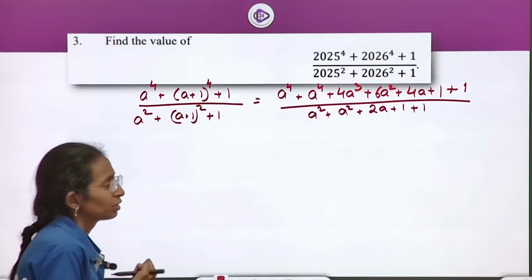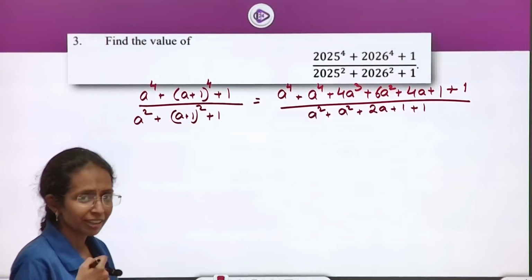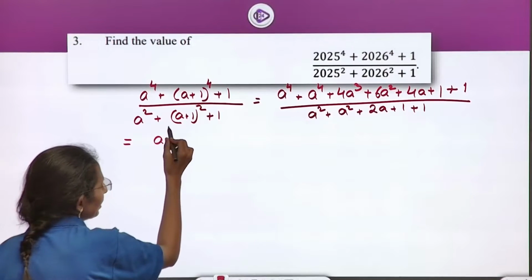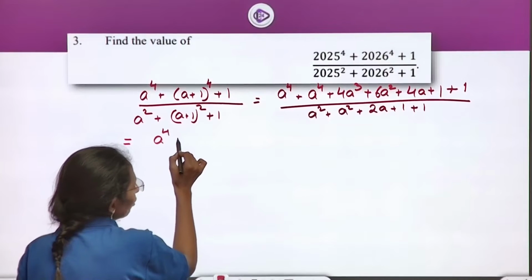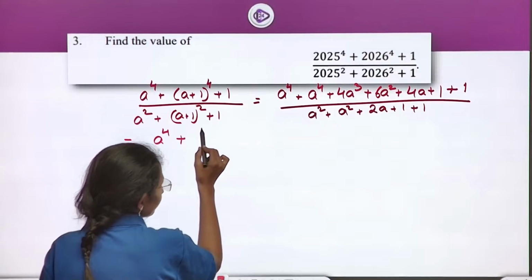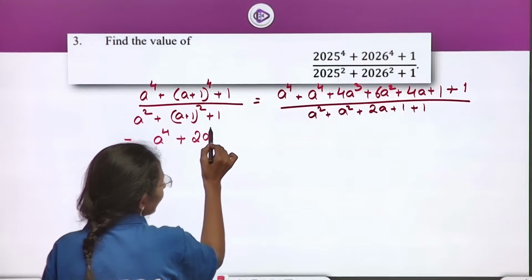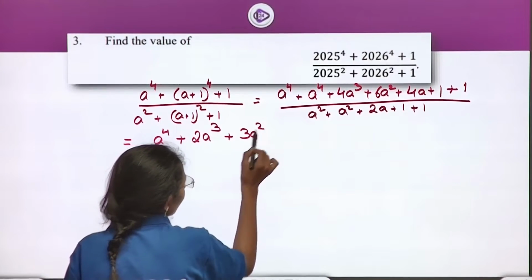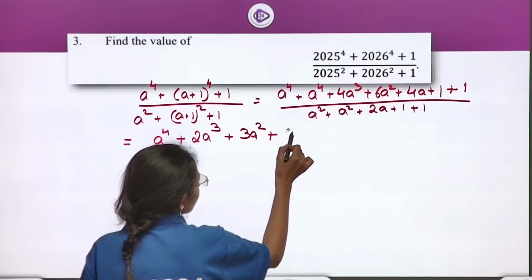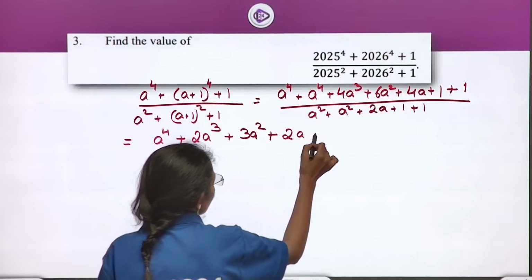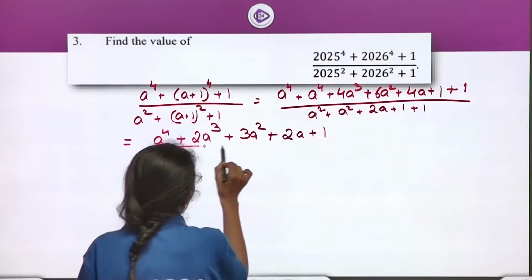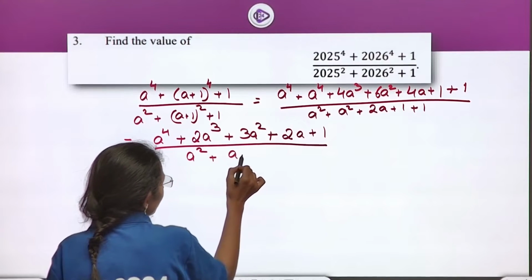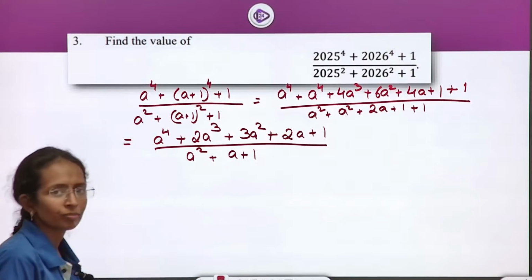We can take 2 common from the numerator as well as the denominator, and after cancelling the 2, we are getting a to the power 4 plus 2a cubed plus 3a squared plus 2a plus 1, upon again a squared plus a plus 1.